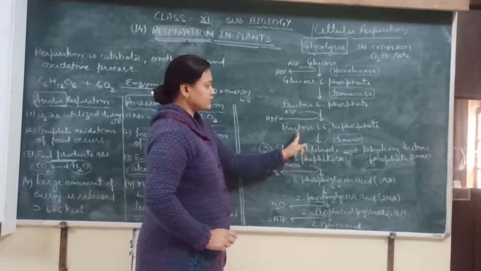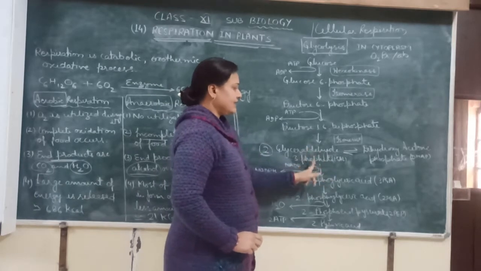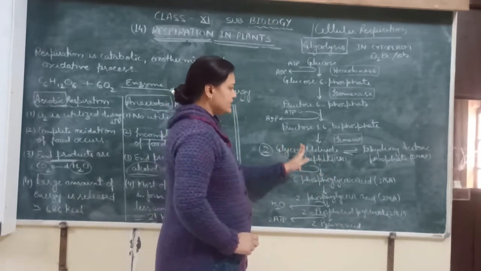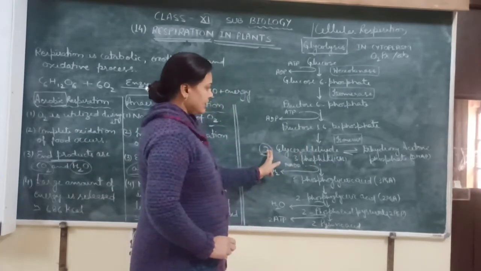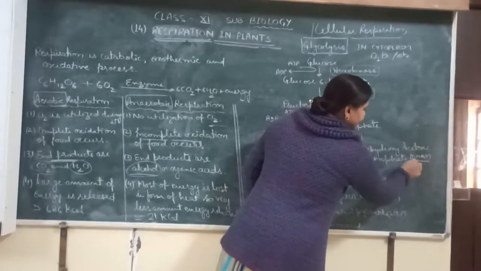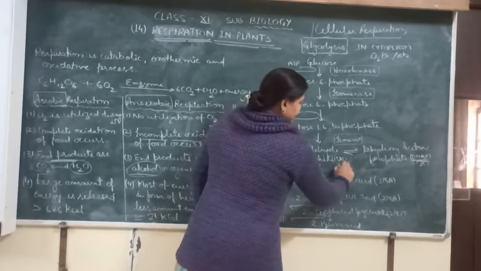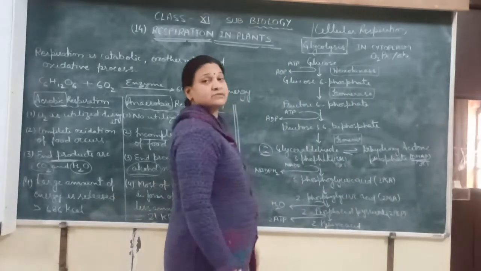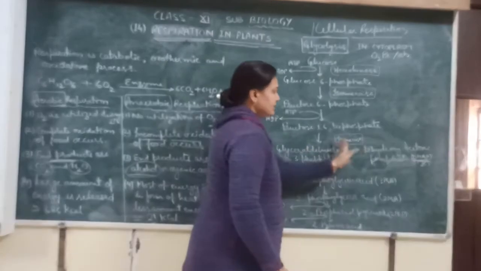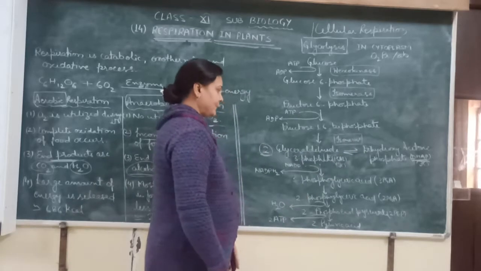Okay, because fructose is a 6 carbon compound and PGAL, glyceraldehyde phosphate, is a 3 carbon compound. So 2 molecules of PGAL are formed and they are converted directly into dihydroxyacetone phosphate, that is DHAP. DHAP is also a 3 carbon compound, PGAL is a 3 carbon compound, and both are isomers. So their molecular formula is the same and they can interchange with the help of the isomerase enzyme.